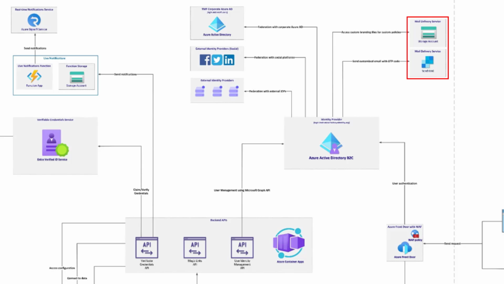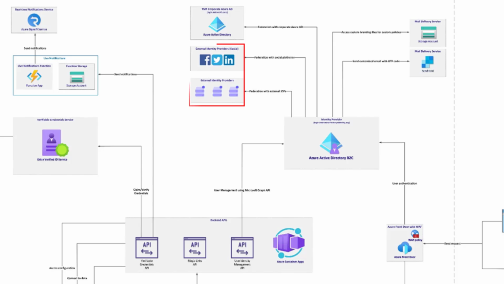So in this case, we have to leverage HTML and CSS files, and we have to somehow host them somewhere. So in this case, we can leverage a storage account in the Azure cloud. And also we can use Twilio SendGrid service to send customized emails, like for instance with OTP codes.